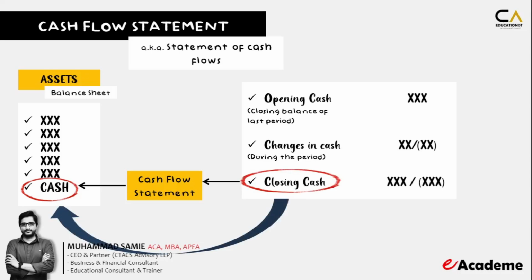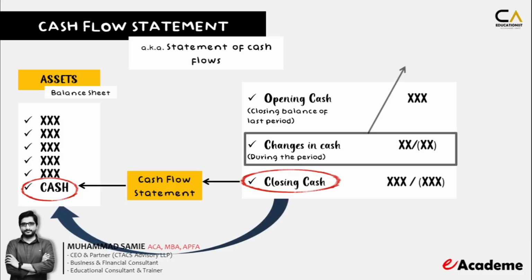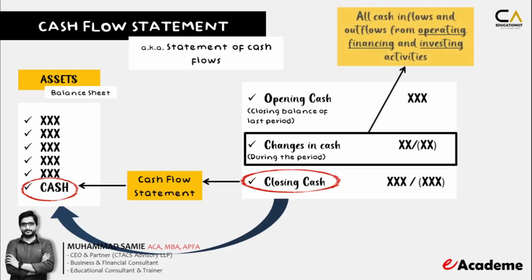All cash inflows and outflows of a business arising during the period due to operating, financing, or investing activities are adjusted to the previous period's balance to compute updated cash balance at the end of the current period, which is reported in balance sheet subsequently.